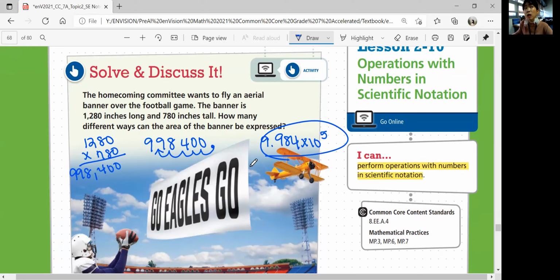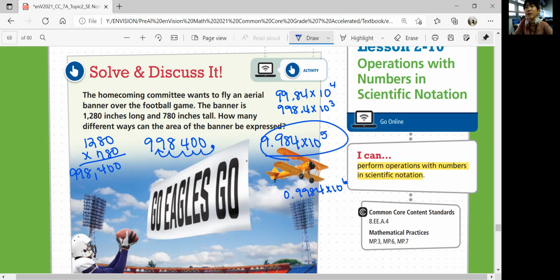But if we're talking about not just scientific notation, but powers of 10, you can also say 99.84 times 10 to the power of 4, or 998.4 times 10 to the power of 3, or maybe 0.9984 times 10 to the 6th power, and so on.